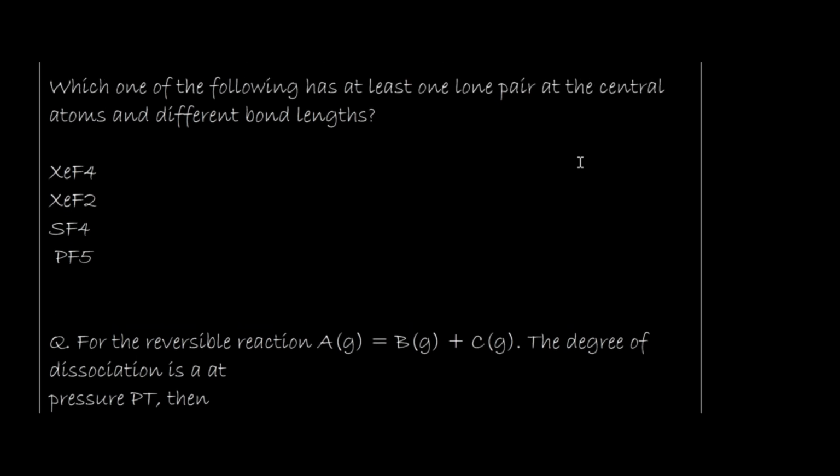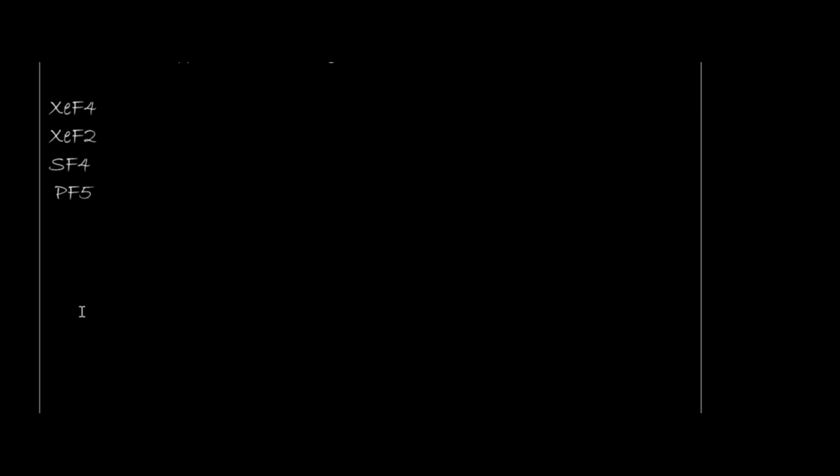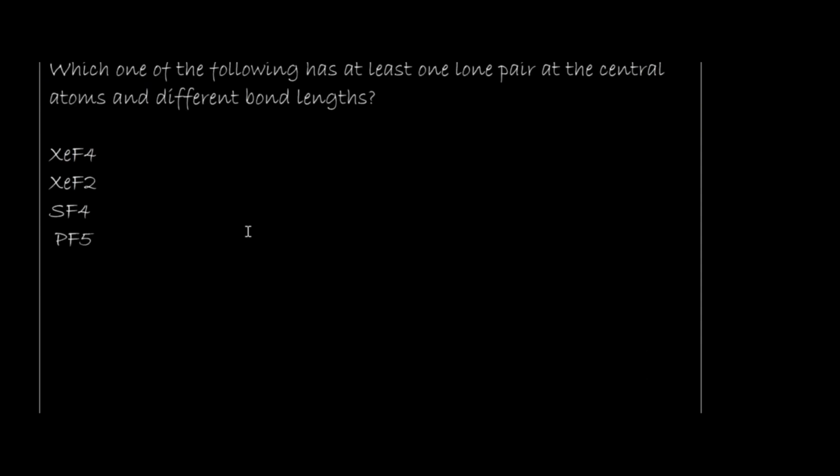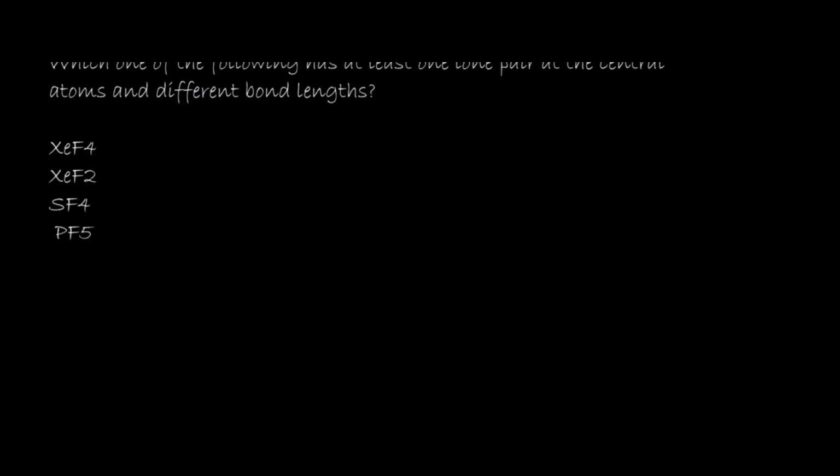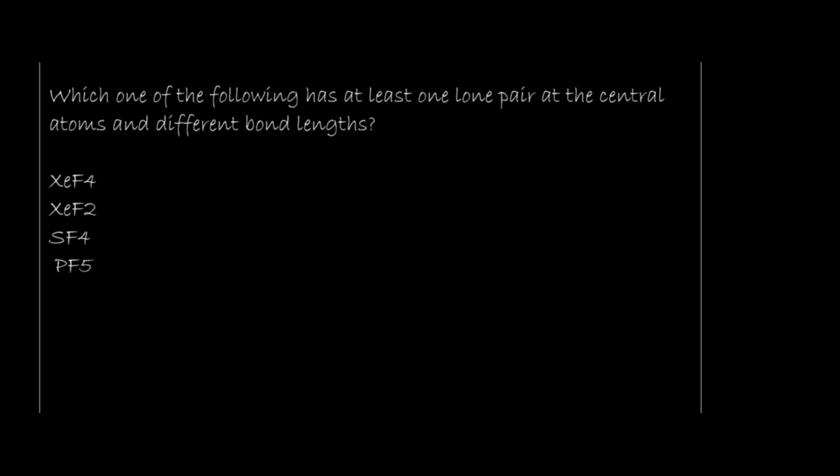Then, which one of the following has at least one lone pair at the central atom and different bond lengths? Here we have XeF4, XeF2, SF4, PF5. Great.